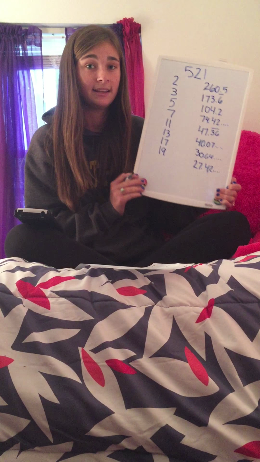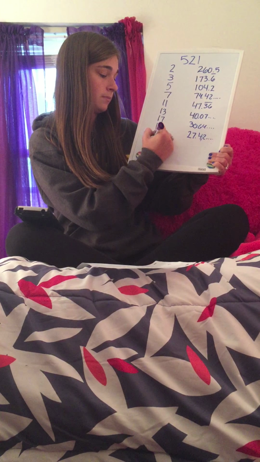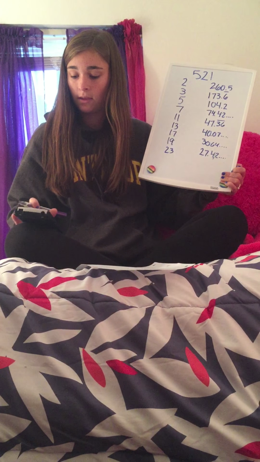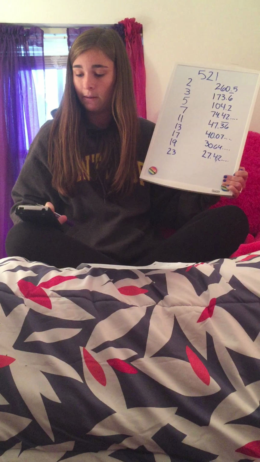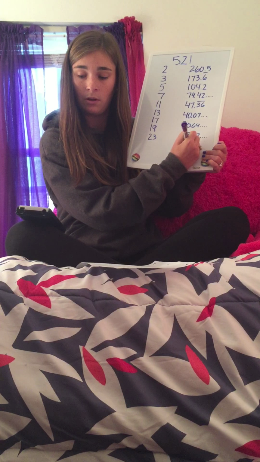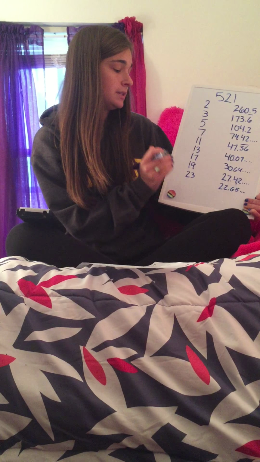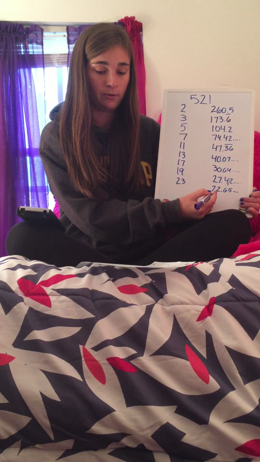That isn't a factor, so let's try the next number, which is 23. 521 divided by 23 equals 22.65 and so on. Notice that this number over here is bigger than this number.